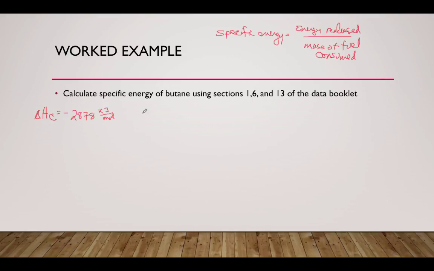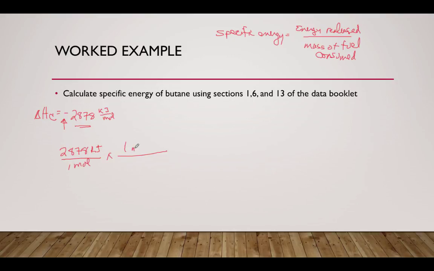Now, remember that this negative means it's exothermic. So this number is the amount of energy released. So we're going to pretty much change that to a positive. So I'm going to release 2,878 kilojoules per mole.